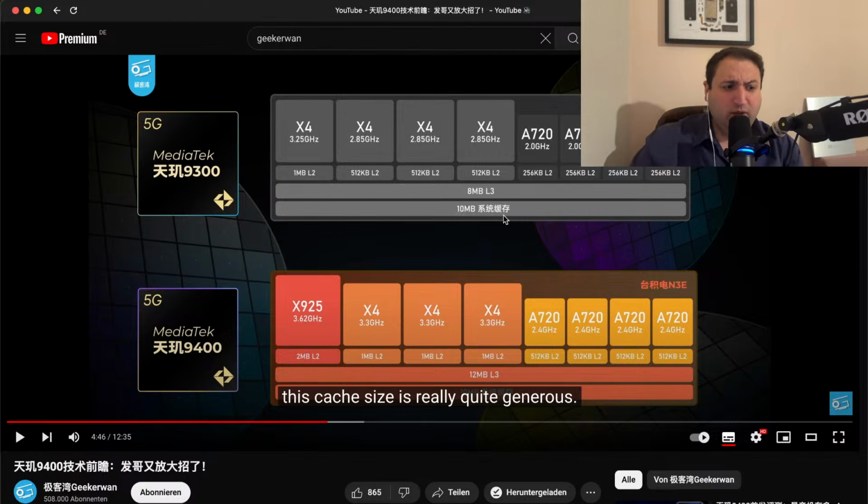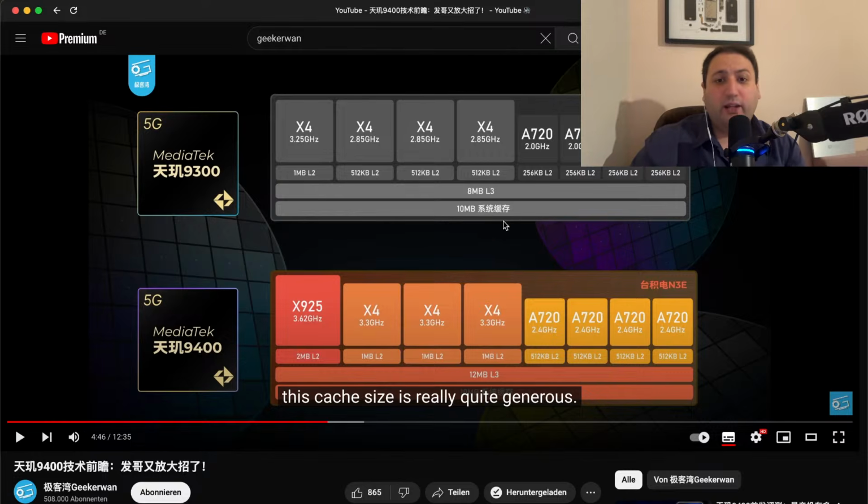But to be honest, a lot of people will say Apple basically cheats with so much SLC. That is not correct. Implementing SLC cache in a way that all CPU cores and all GPU cores can equally leverage it is a very complicated design. So it's not just a gift where you can increase the system level cache.